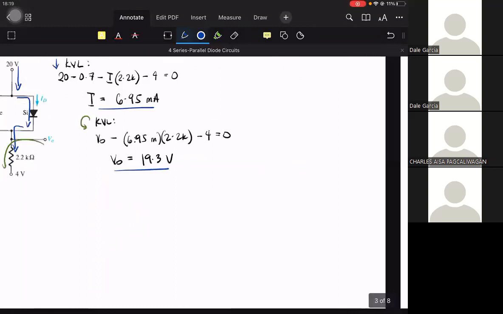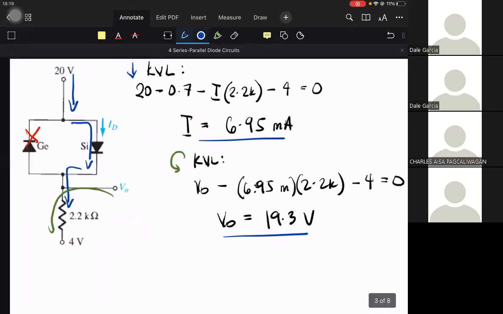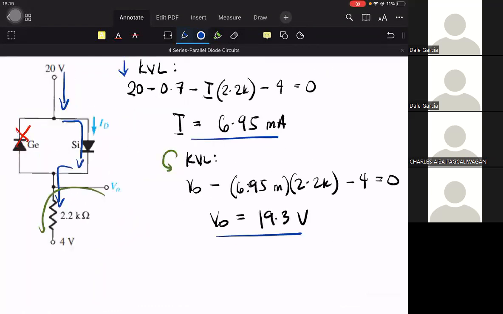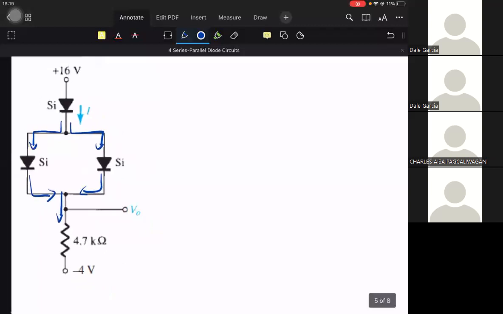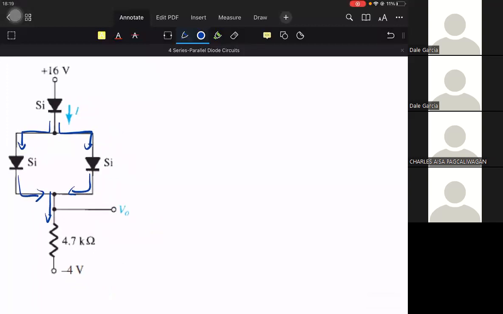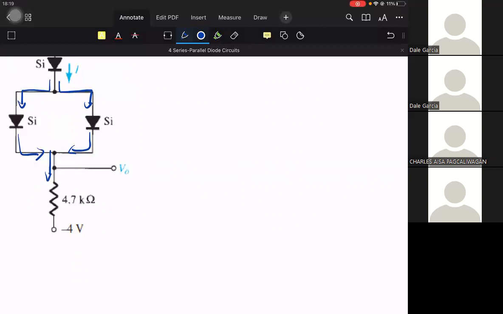Previously, katong 20 and 4, ang current sa 20 is mo panaog, ang kang 4 is mo pasaka. Kini, ang current ni 16 is obviously mo panaog. Kang negative 4, mo panaog pud ni.